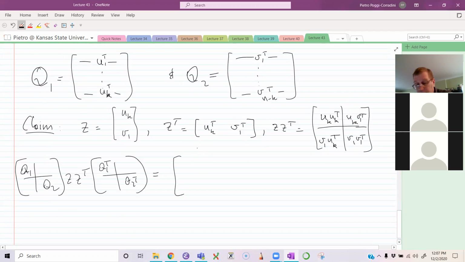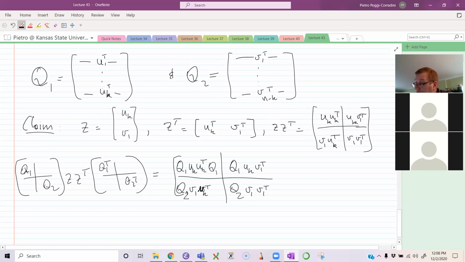So you're going to get U_K transpose, V1 transpose, and this multiplies the rows, so U1, U2, and then from the right, you multiply the columns, so U1 transpose, U2 transpose. Right? Makes sense?